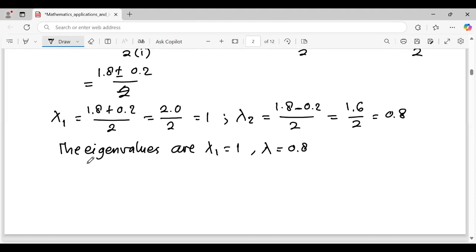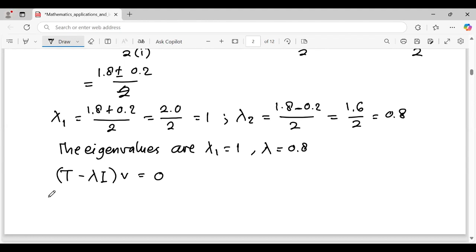And next, to calculate the eigenvector of matrix T, we need to first solve the equation T minus lambda I times phi equals 0. We need to solve this equation first.